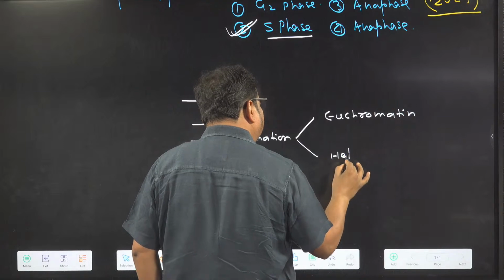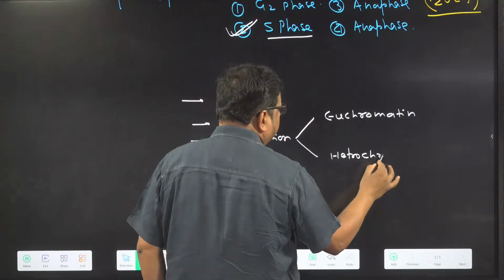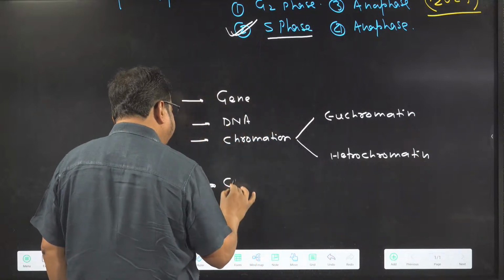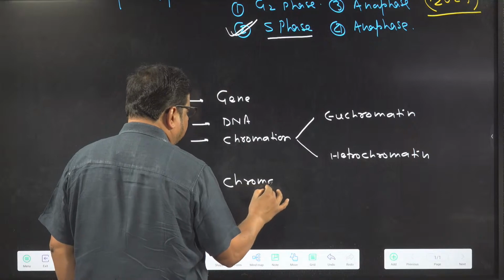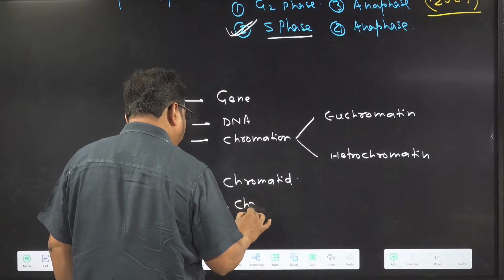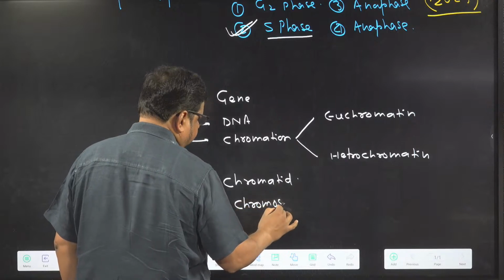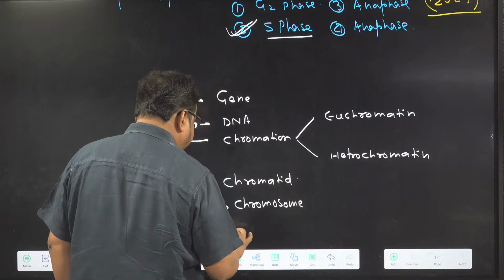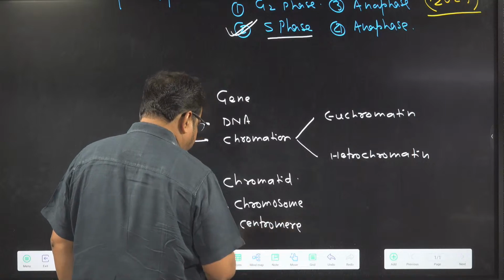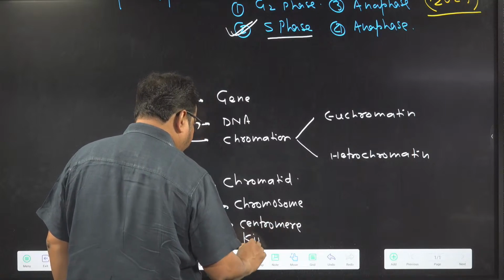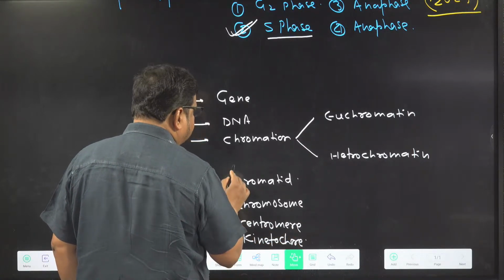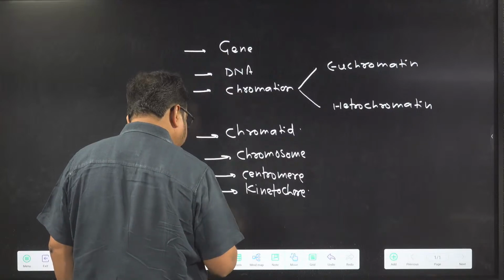Another I am writing heterochromatin. Then I am writing chromatid. Then I am writing chromosome. Then I am writing centromere. Later on I am writing kinetochore. And further I am writing about which one? Telomere.